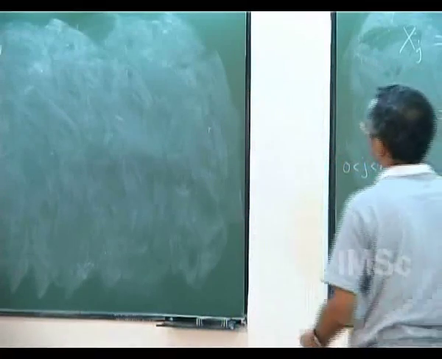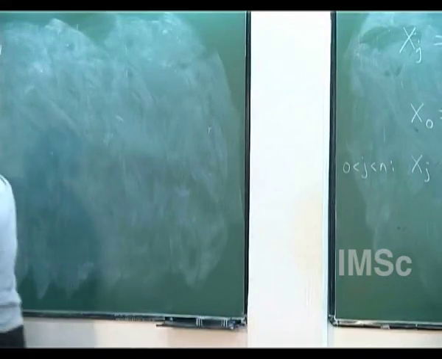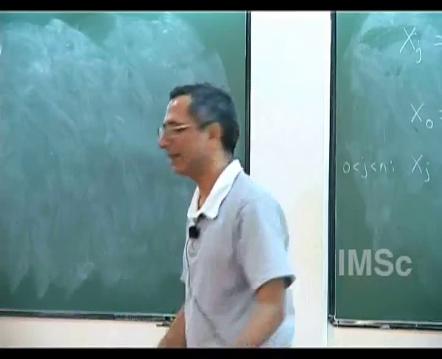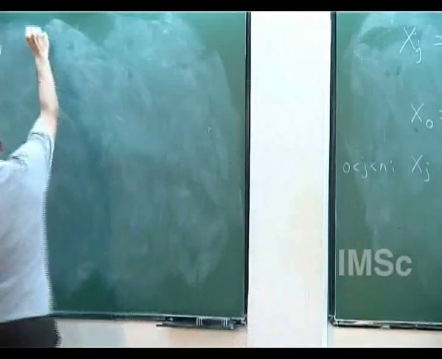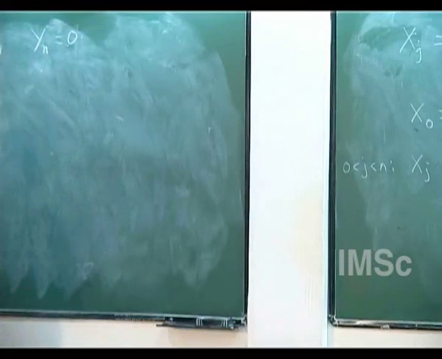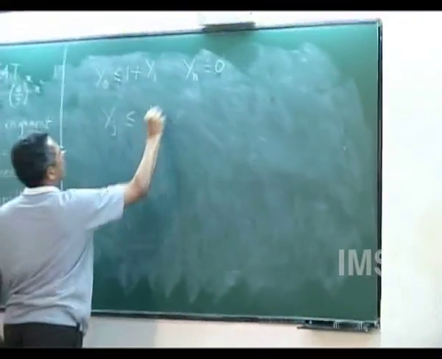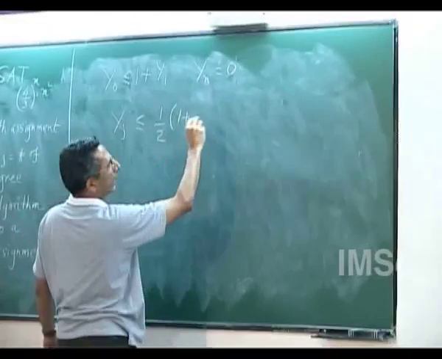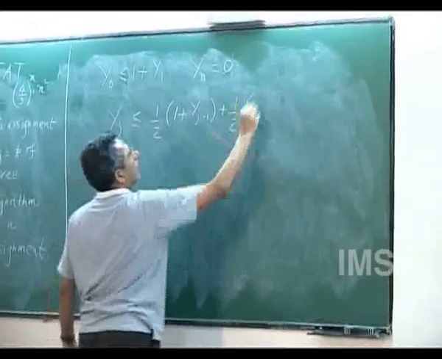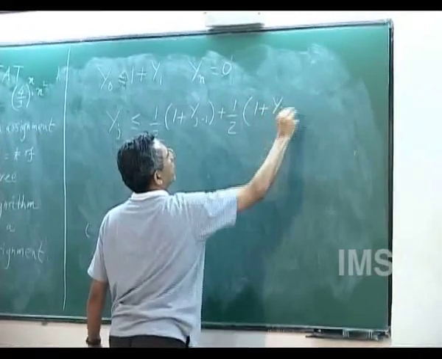Okay, so I should write y0 is upper bounded by 1 plus y1. The reason is that it could be smaller. I could have found a satisfying assignment. And similarly, I know yn is 0. And for all the intermediate steps, I can clearly write yj is at most half of 1 plus yj minus 1, plus half of 1 plus yj plus 1.